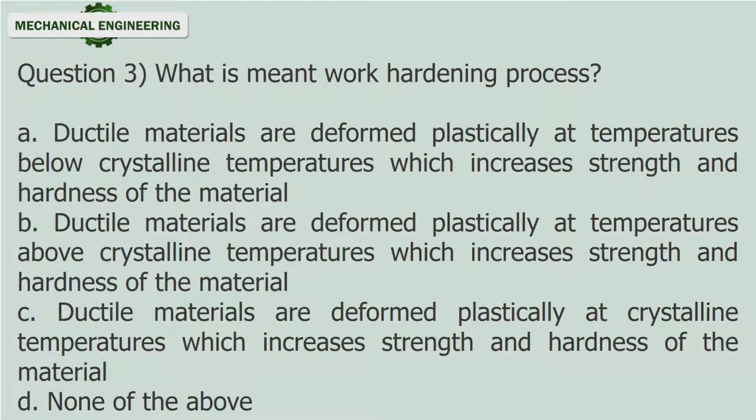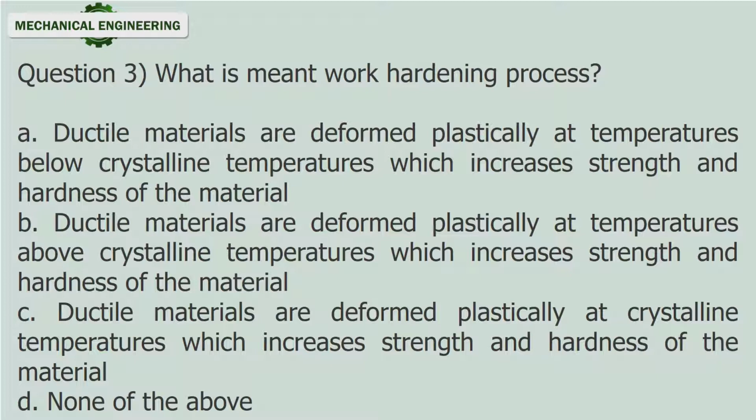Question 3. What is meant by work hardening process? A. Ductile materials are deformed plastically at temperatures below crystalline temperatures, which increases strength and hardness of the material. B. Ductile materials are deformed plastically at temperatures above crystalline temperatures, which increases strength and hardness of the material.